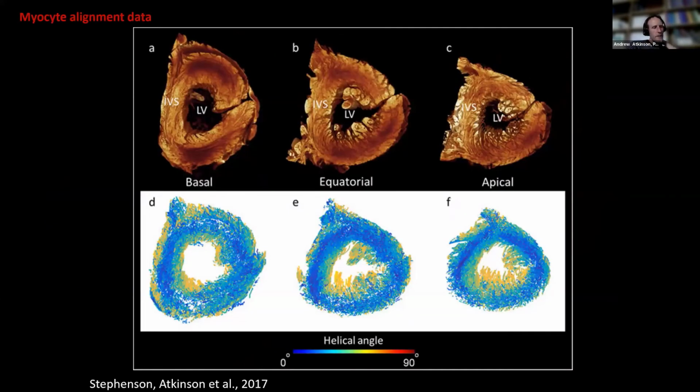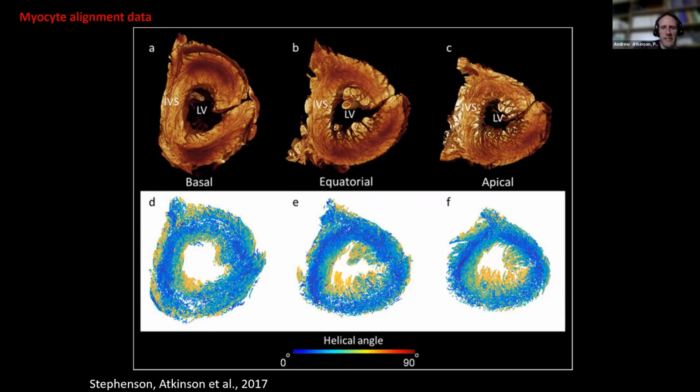So as I mentioned earlier, one of the important things to try and have in a computational model is the actual myocardial arrangement, and we've been able to extract this from our high resolution micro CT scans. So here we've used eigenanalysis of the 3D structure tensor, and these are sections taken across the left ventricle.